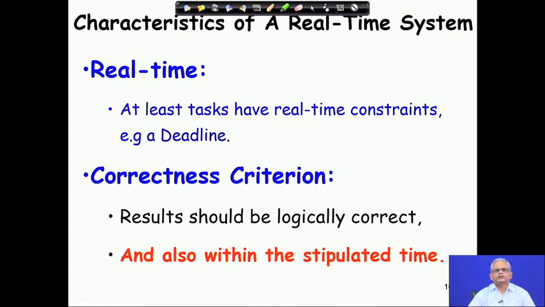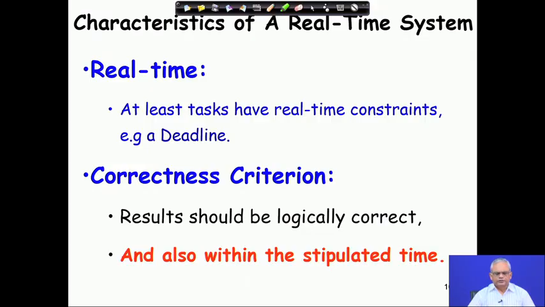Now, let us look at the characteristics of the real time system. So, in a real time system, at least one of the tasks would have some real time constraints. Every task may not have a real time constraint, but at least some of the tasks need to have real time constraint.